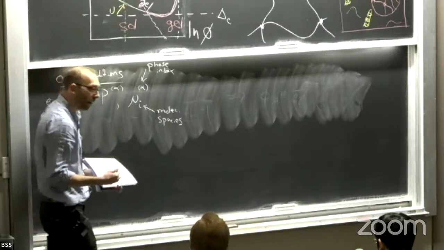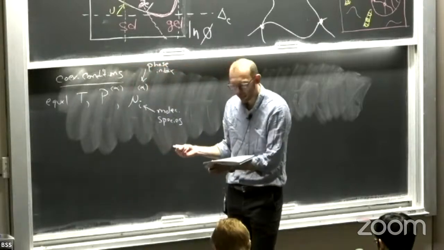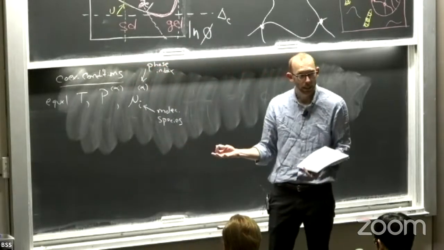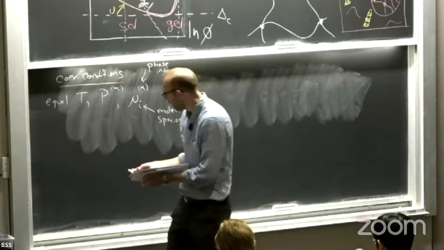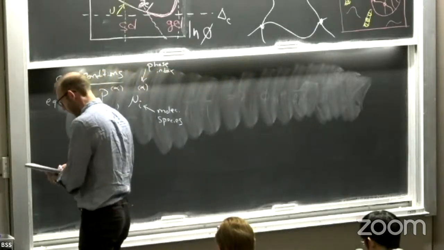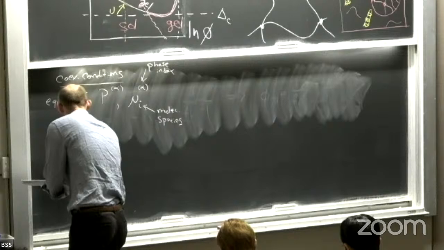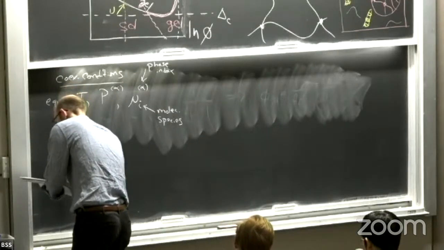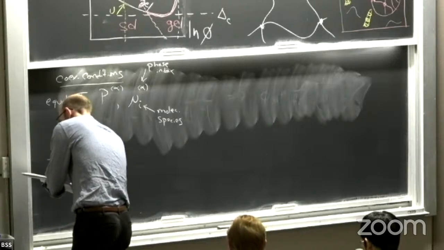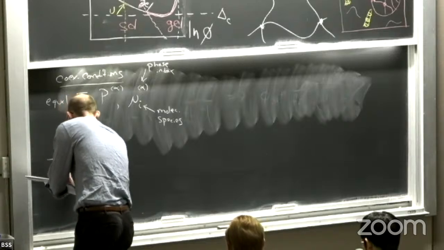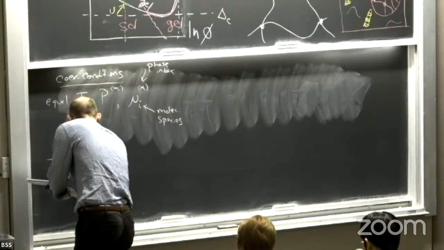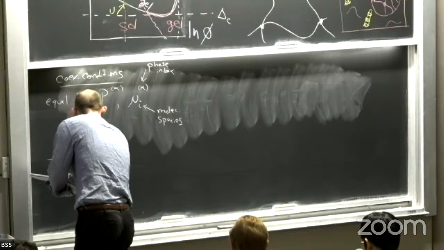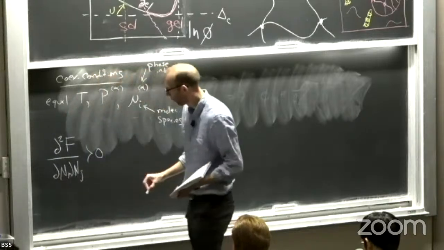But recall that there's this other important condition, which is that we have to have stability. And so that means that we have to have the second derivative of our free energy must be positive definite. Right?